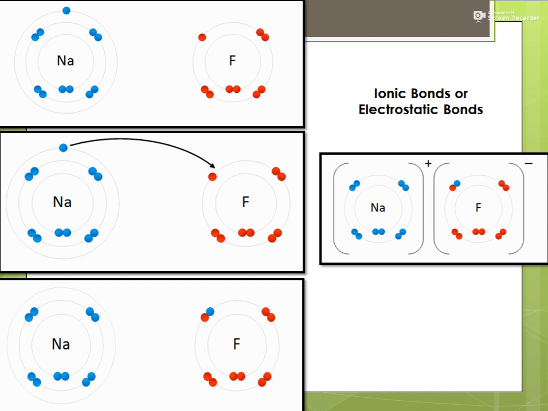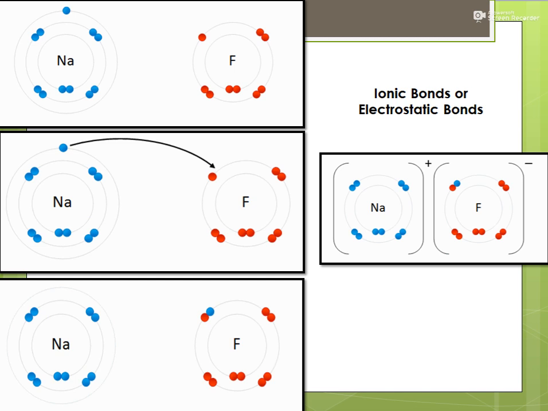The first type of non-covalent bond is the ionic bond, or the electrostatic bond. Consider sodium, which, as I mentioned earlier, has one electron in the outermost shell. When it is transferred to fluorine, fluorine gets an octet, and sodium also becomes an octet.